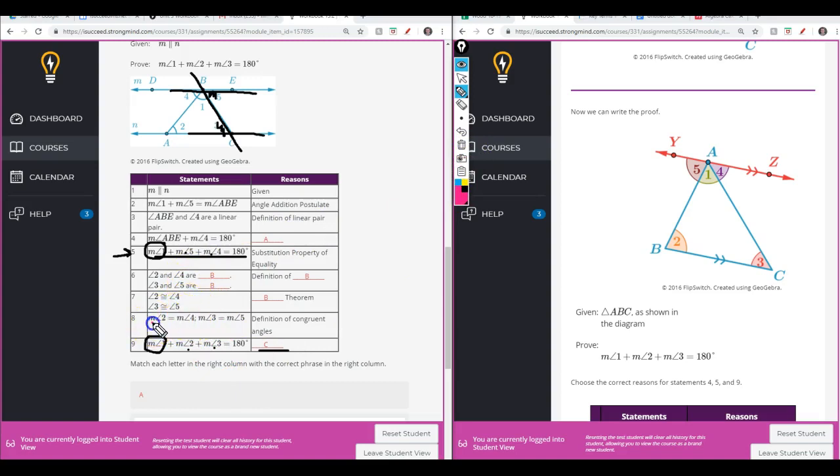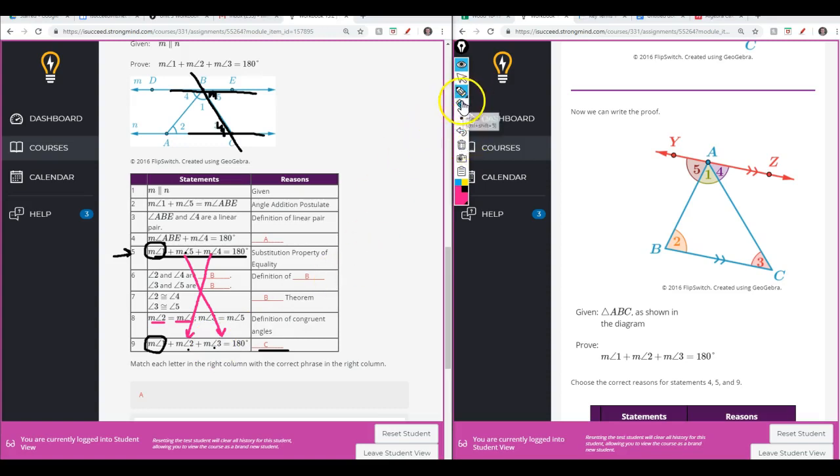And I notice that the statement above says measure of angle 2 is equal to the measure of angle 4. So they actually just did measure of angle 4 is now the measure of angle 2, since they're equal to each other. And here they have the measure of angle 3 is equal to the measure of angle 5. So instead of writing measure of angle 5, they wrote the measure of angle 3. So that's using substitution, and I'm not sure why they wrote it in a different order. Maybe because they just wanted it to go 1, 2, 3.